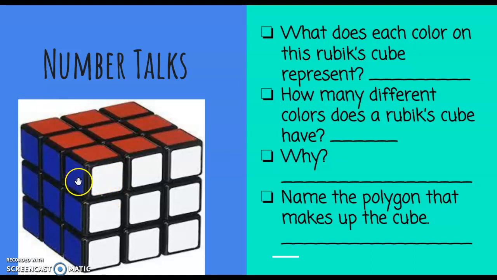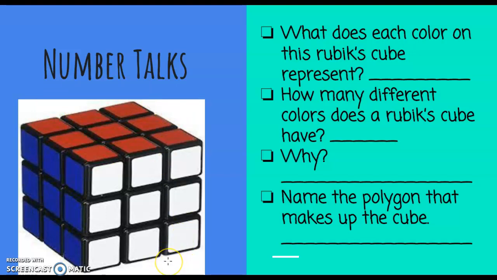Blue, on the opposite of blue, we have another one. So far we have 1, 2, 3, 4. And over here we have red, and underneath, or the opposite of the red, we have another color. So in all we have 6 faces. 1, 2, 3, 4, 5, 6 underneath.